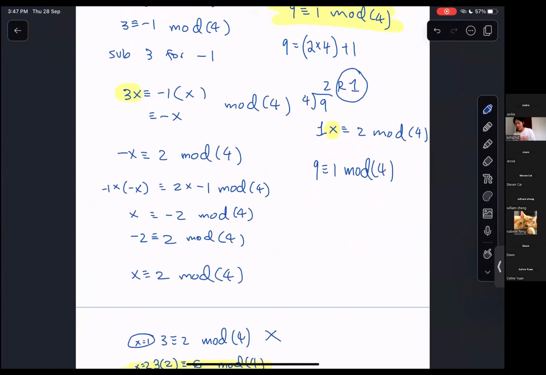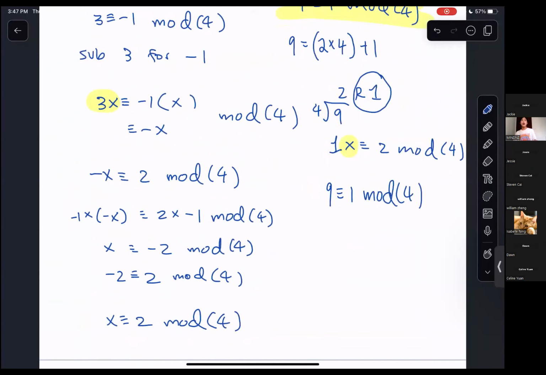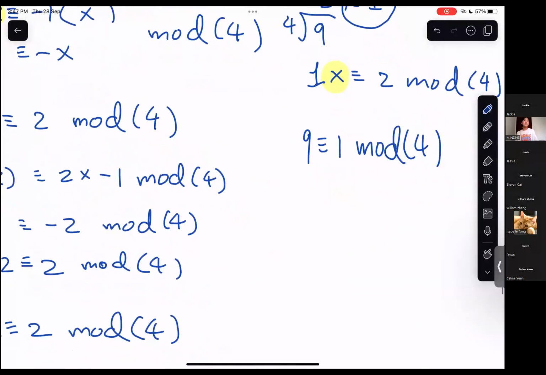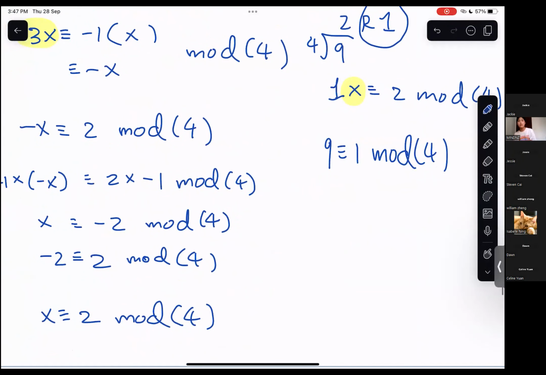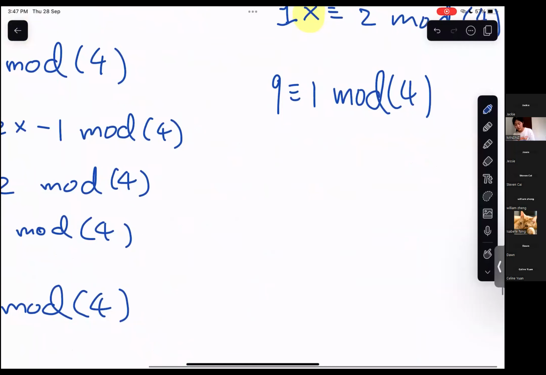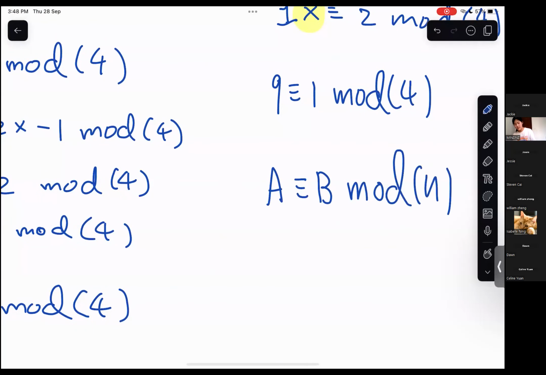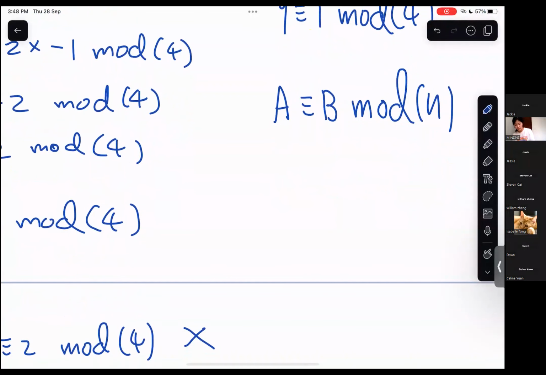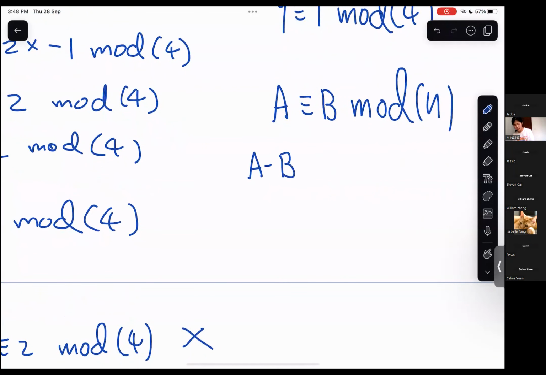Yep. Another way of thinking about it is, how do you know that the equivalents exist? Well, what if I just say we have a congruent to b mod n? Well, this is always going to be true if we subtract b from both sides, right? Something like this.